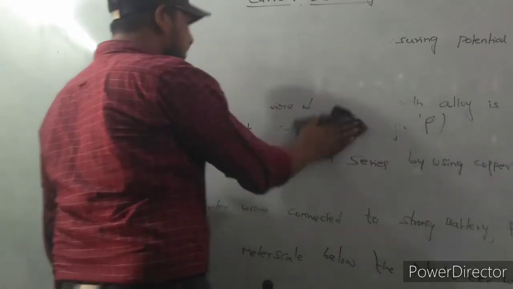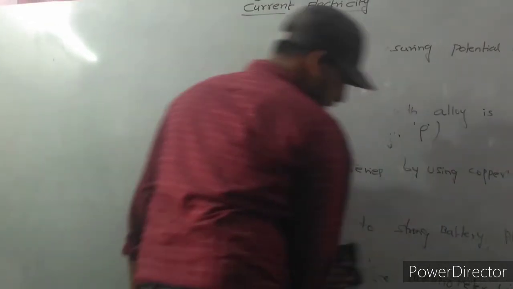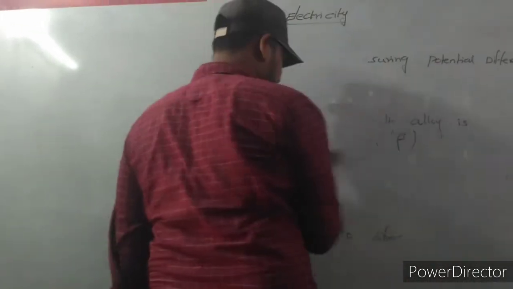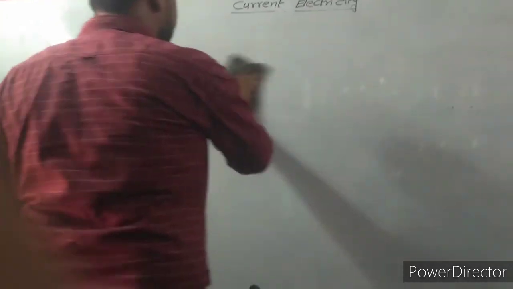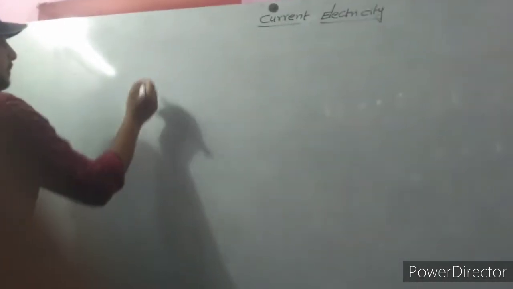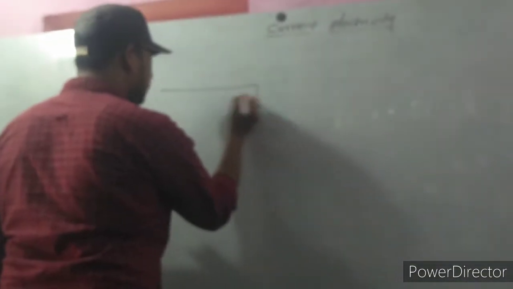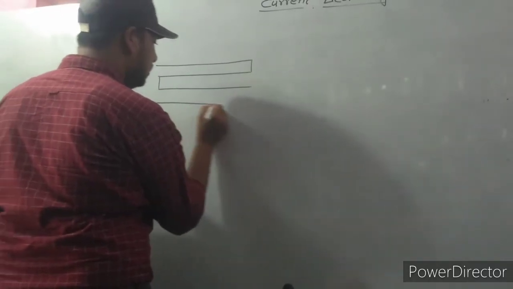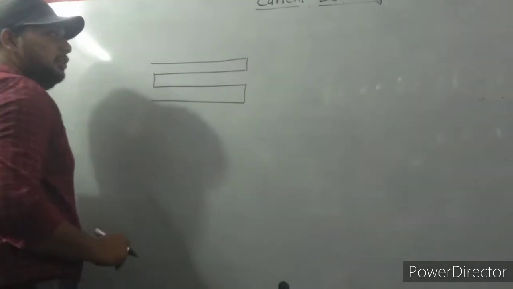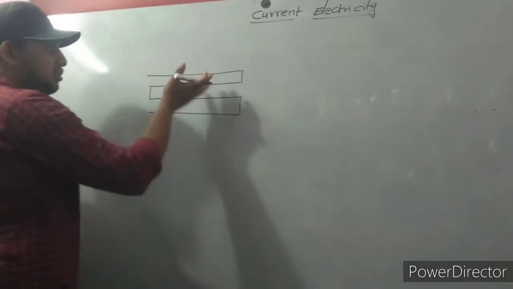First I will draw a diagram, then you will get a clear idea about this potentiometer. Four-meter wire, am I right? So each line is 1 meter, you consider 1 meter, 1 meter, 1 meter, 1 meter, total 4 meters.